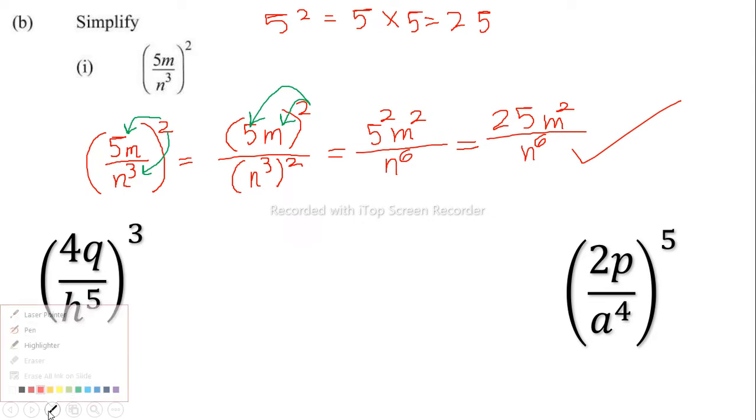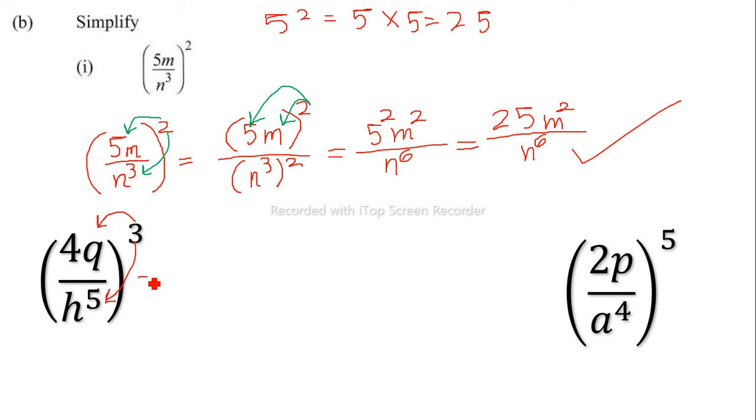So with this one, remember that we have to apply the 3 to the numerator, and what else? The denominator, also to the denominator, right?